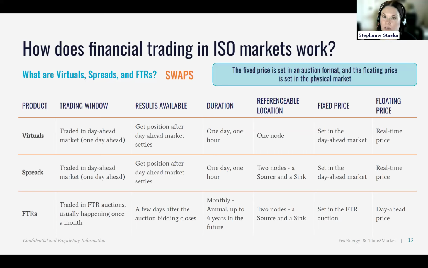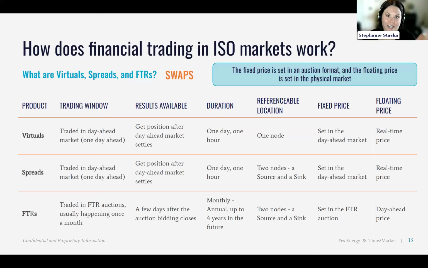And that really goes back to when the markets were first created. The intention and the thought was that most load and generators would want to submit their load and generation into the day ahead market. And these FTRs are really intended to be a hedge between where you might be sourcing your energy, your generation, and sinking your energy, your load.